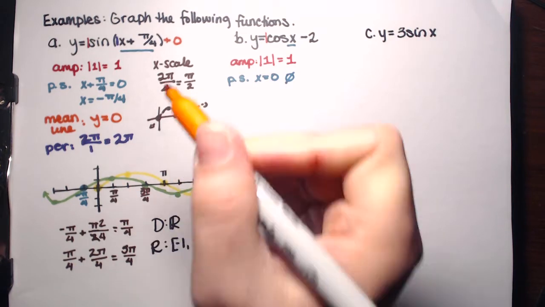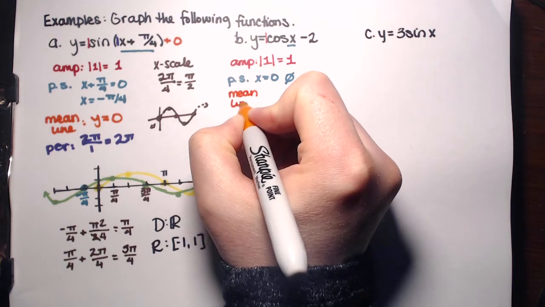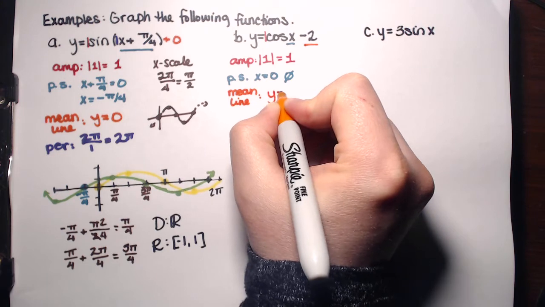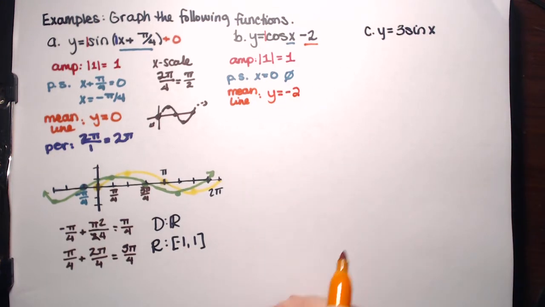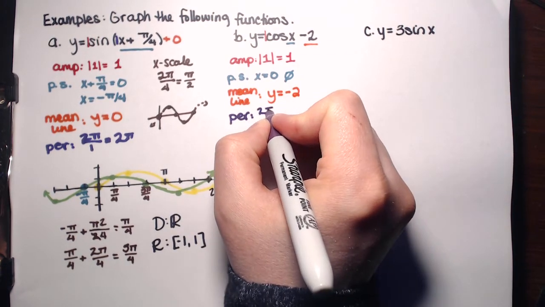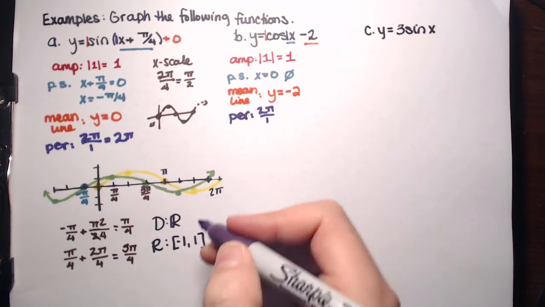Mean line is -2. That means that I'm shifting this down. The period is 2 pi divided by 1 because there's technically a 1 in front of the x.